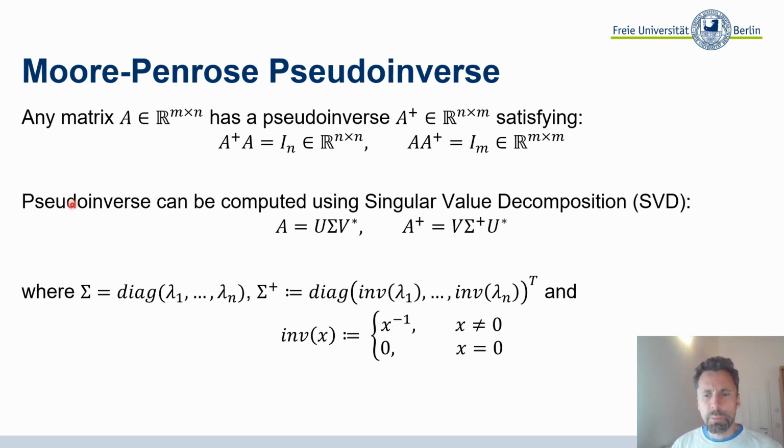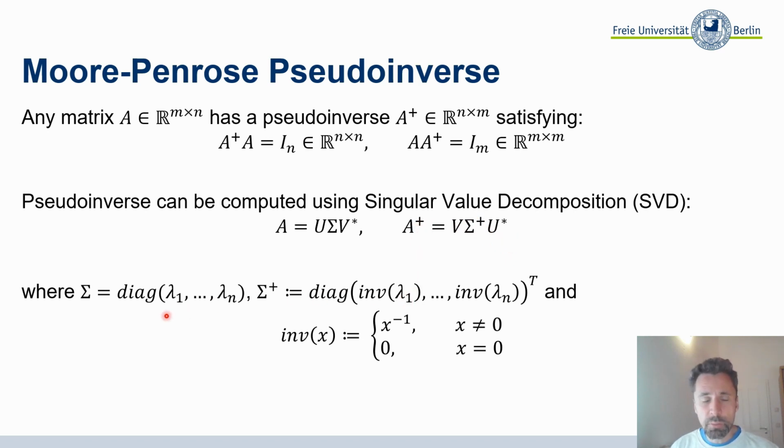There are a couple of ways to compute this, and I think the most common one is using singular value decomposition. We're not explaining how SVD works. I think there are a couple of very nice videos that show you at least the intuition of SVD. The singular value decomposition decomposes any matrix into a product of three matrices, and we do this for our matrix A, and then do something with the sigma matrix in the middle, and by doing that and reapplying this multiplication, we get A plus.